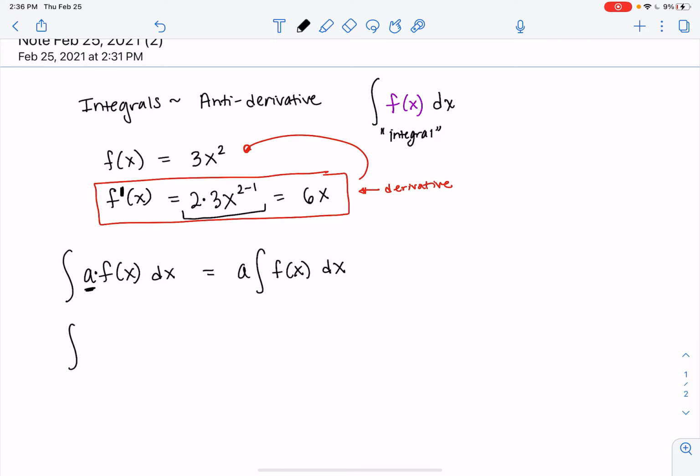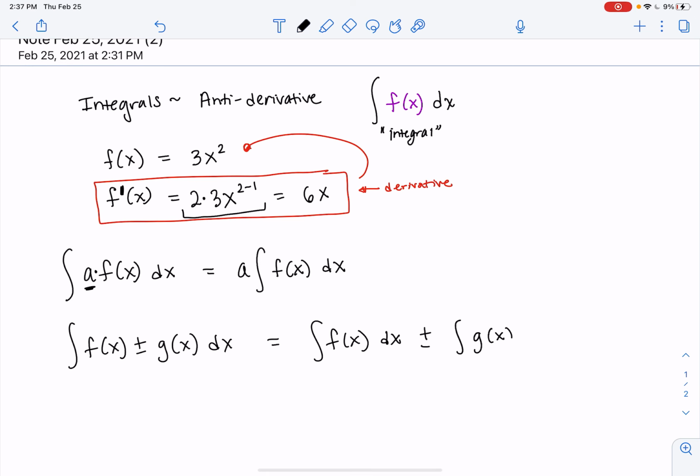Another property is if you have multiple functions being added or subtracted inside the integral, you can break that up. You can break up the integral into the integral of the f of x piece, dx, and then plus or minus, depending on the sign, it works with either, the integral of the second piece separately.